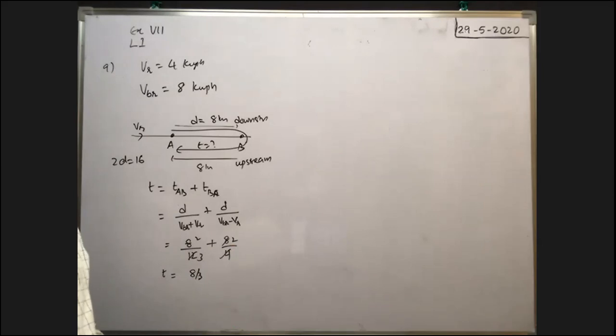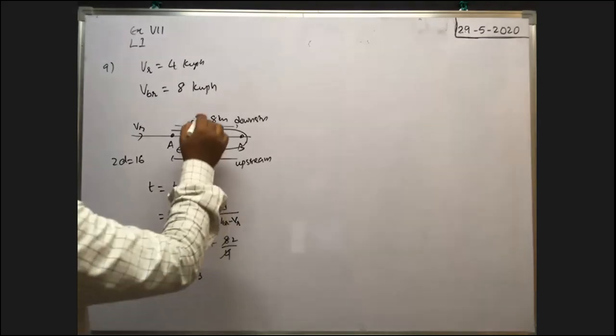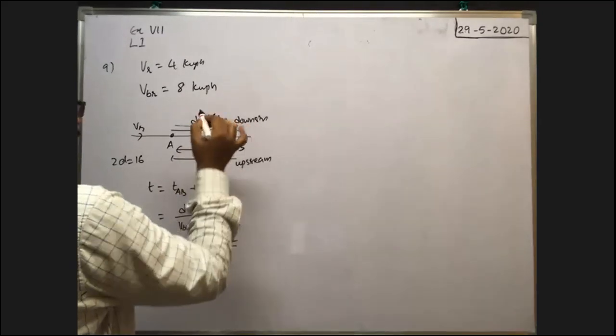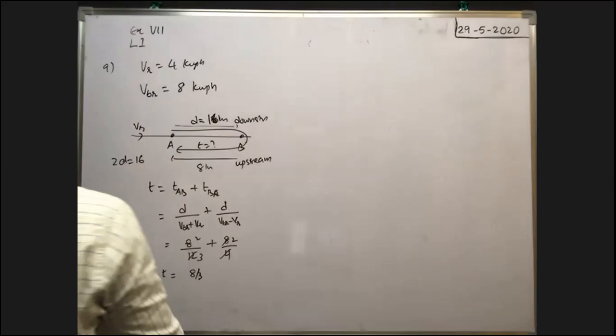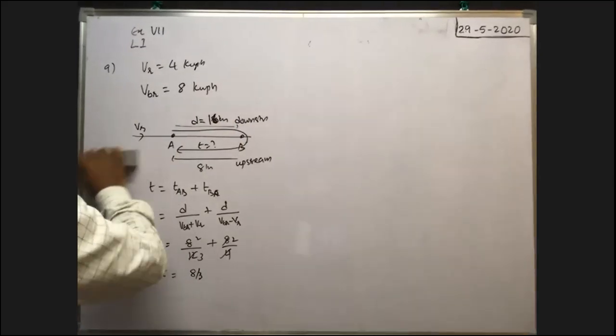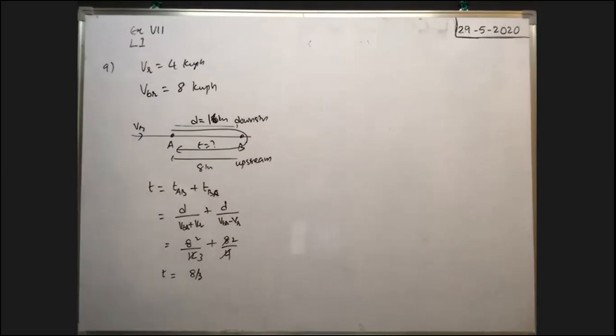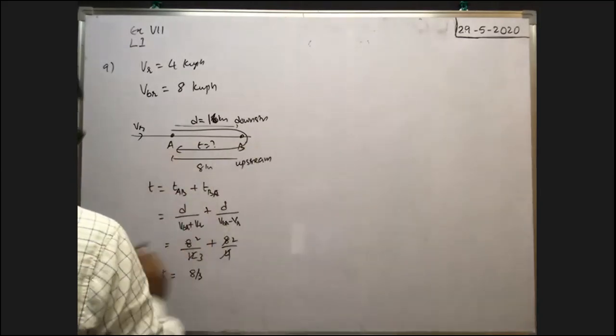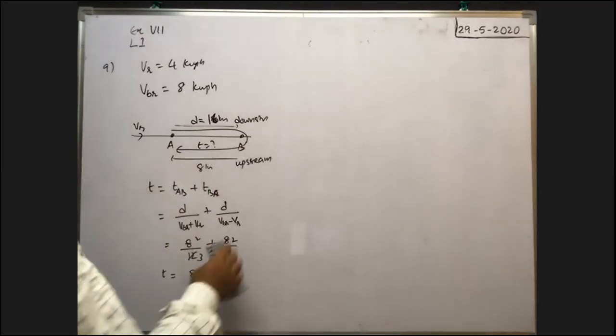The speed of the water in a river is 4 km per hour and the speed of the boat is given. If the same boat is used to travel a distance of 16 km in the river from A to B, okay, sorry, it is given 16 directly. D is given 16. It has to travel 16 km from A to B, then back to A. That means again back 16 km. So you substitute D is equal to 16.